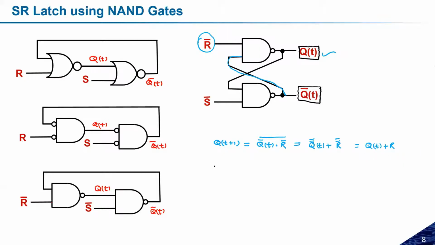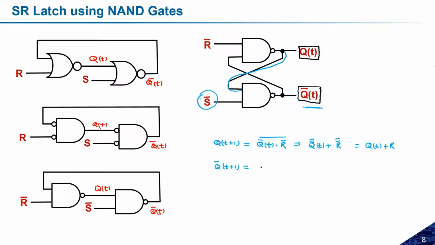Similarly, if you calculate the complement one, QT plus 1 complement, let us see how it will look. We are interested in this output, and it depends on the S bar and the second one is the QT.